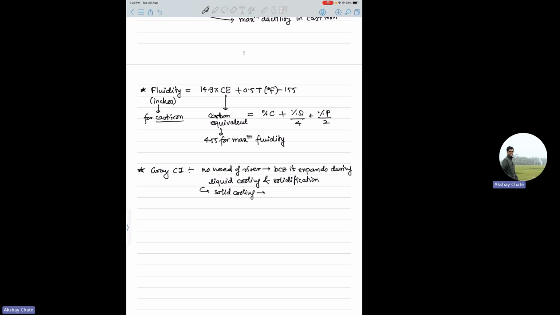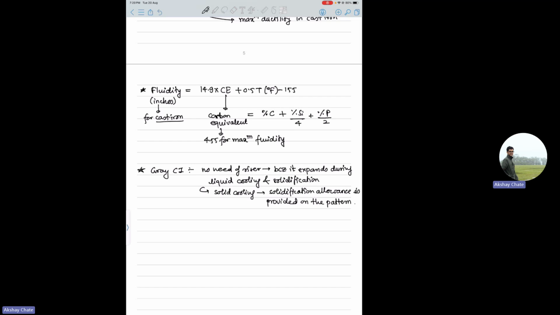Solidification allowance is provided on the pattern.